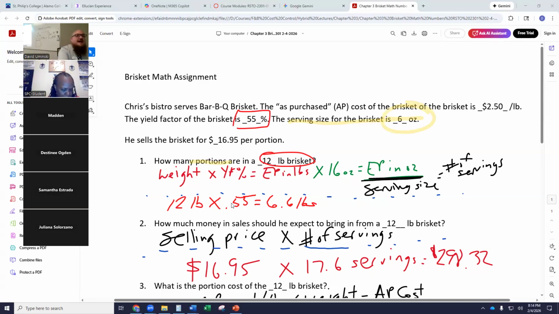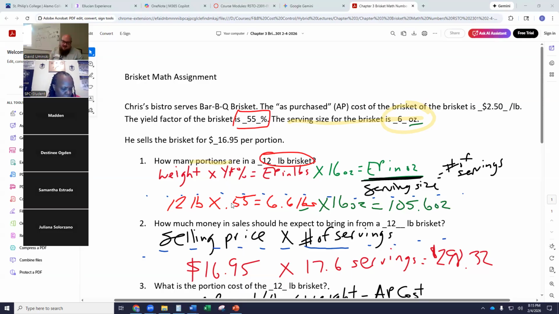Do my units match? No, they do not, right? Ounces and pounds. That's why I have to multiply by 16 ounces first. So what is 6.6 times 16 ounces? 105.6. 105.6 ounces.